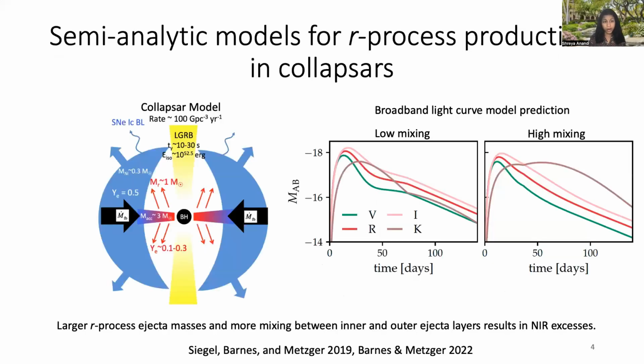Siegel et al. 2019 proposed that perhaps this rare supernova subtype is a Ic broad-lined supernova associated with a collapsar, or a collapsing massive star.